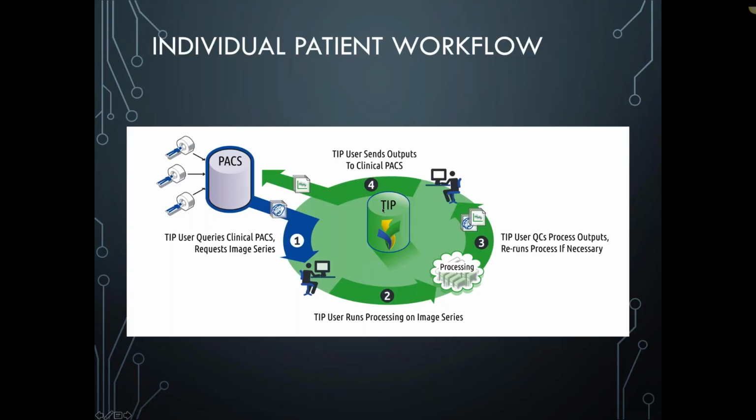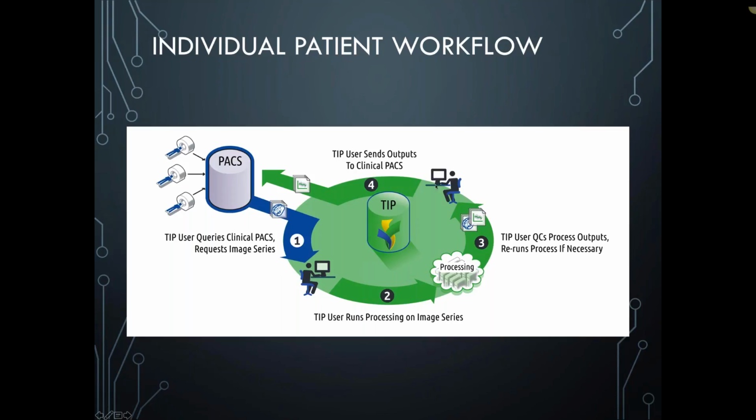So this is a system we call the TIP that allows users to query out to the PACS, find a case of interest, run one of the Docker containers that includes an analytic routine, generate some sort of DICOM files from that container, and allow a user to do quality control before pushing back to PACS.